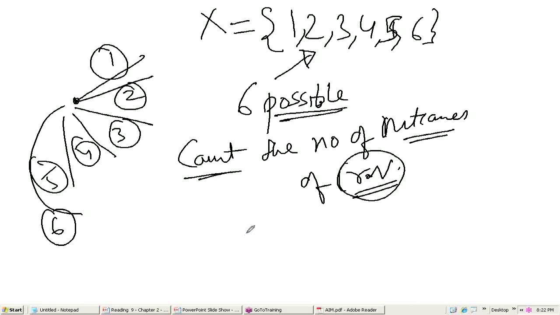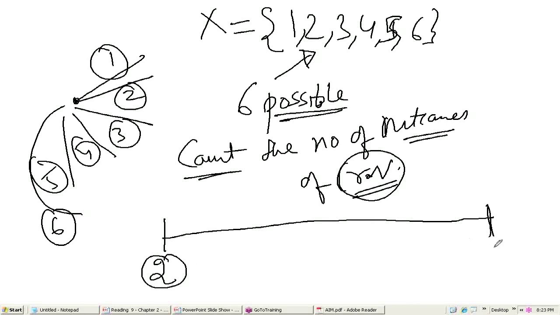However, let me ask you this question. Let's say you have a number line, and on this number line one number is 2 and another number is 3. The number line goes from minus infinity to plus infinity, right?